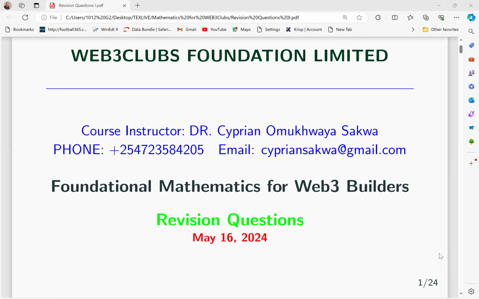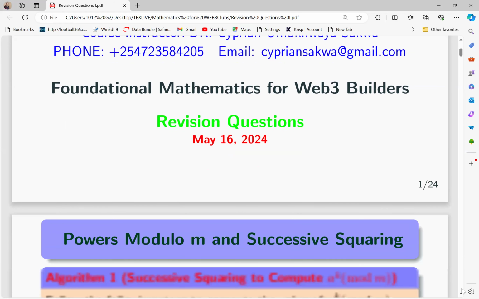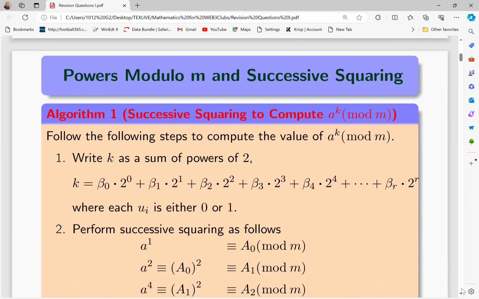So I'll be looking at a revision of repeated squaring, or what we call successive squaring. We also call it the fast squaring algorithm. I'll begin with the algorithm itself, so that you can see whether you can also write an algorithm for doing the same.